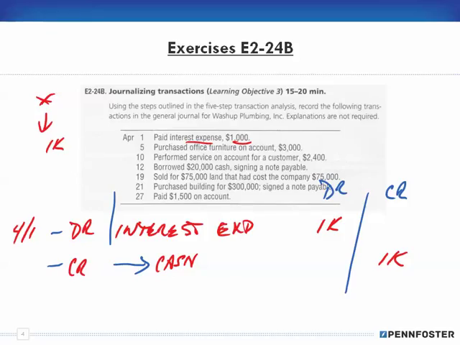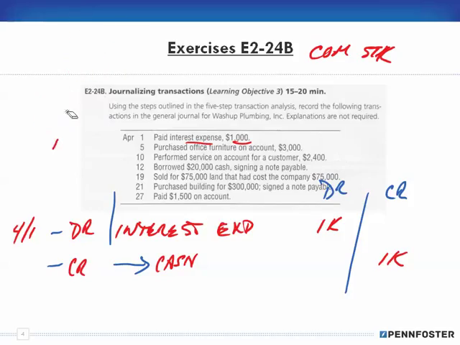I'll write A/R for receivables, A/P for payables. Note payable would be NP. Common stock, I might go common STK. So I'm abbreviating because it's only my homework problem, and I'm not going to write out the words accounts receivable when I could write A/R. I'm just saving myself some time.